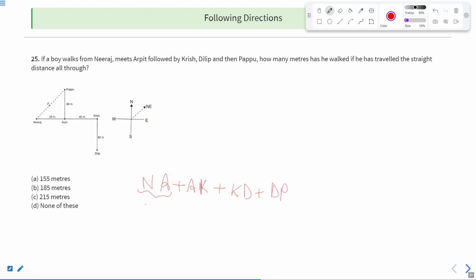This we know: Neeraj to Arpit is 25, Arpit to Krish is 40, Krish to Dilip is 60. And Dilip to Pappu we don't know exactly.